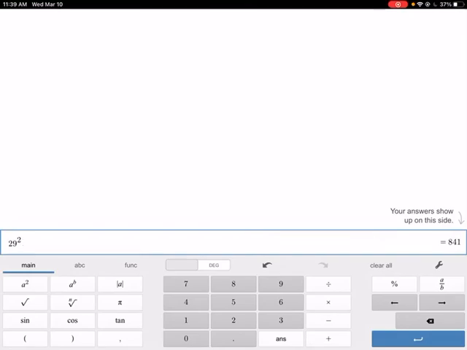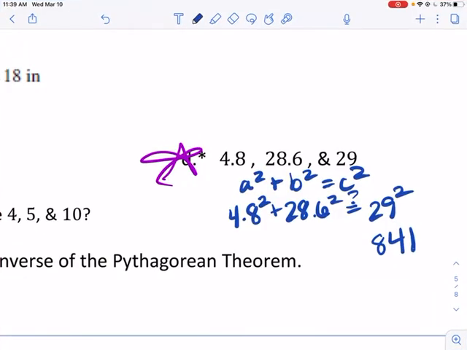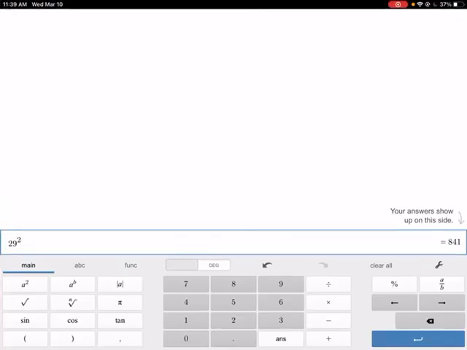And then I need, let's go back and look. 4.8 squared plus 28.6 squared. Now make sure that you put all of these in the calculator in order, and don't round them. You want them to be exactly equal.